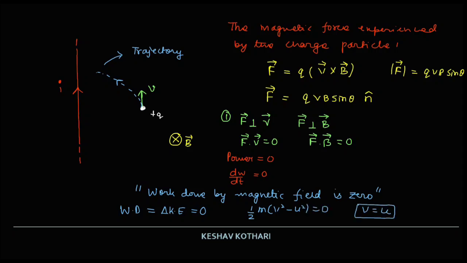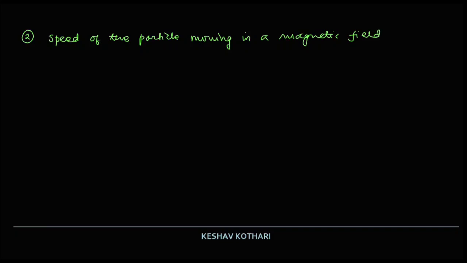So from here I say that another point which can be stated is that the speed of the particle moving in a magnetic field, or under the influence of magnetic field only, remains constant.